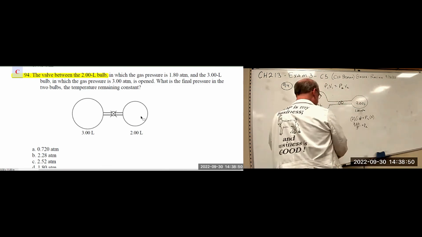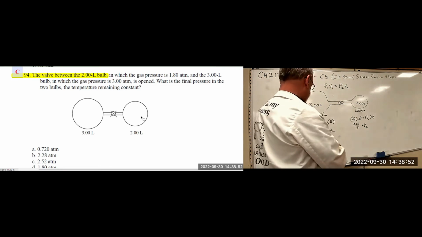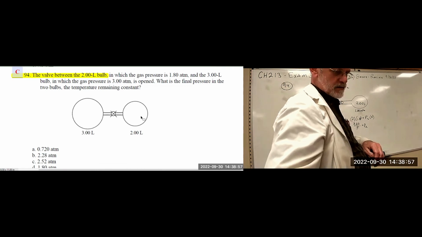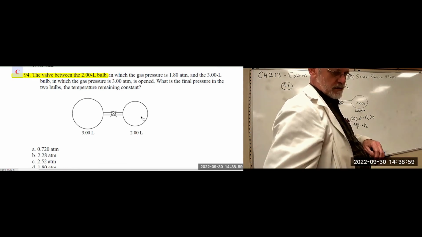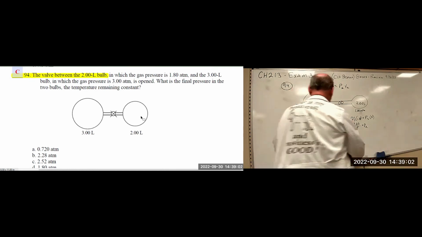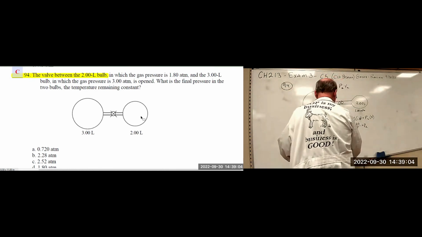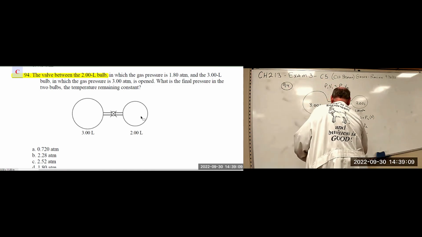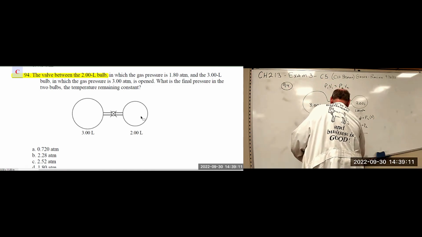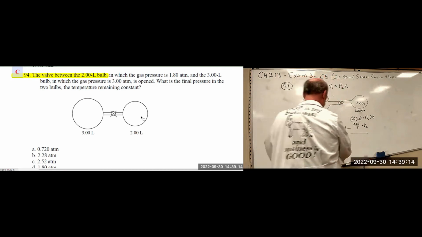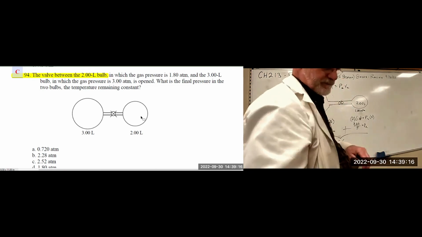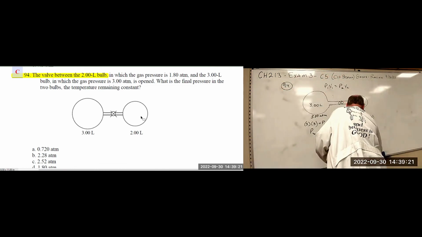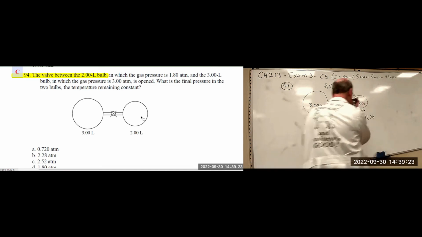So we add those two together. 3.6 plus 9 is 12.6. 12.6 divided by 5 is 2.52 atmospheres. Now, is that reasonable?